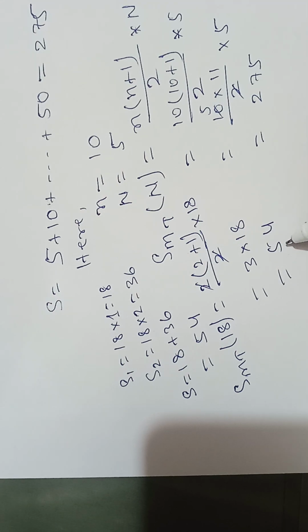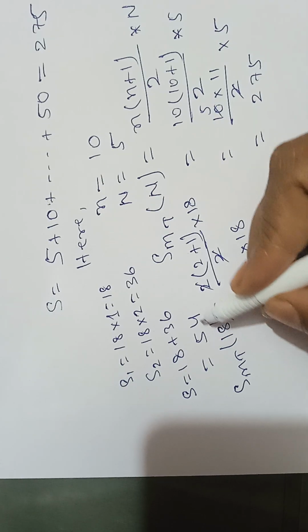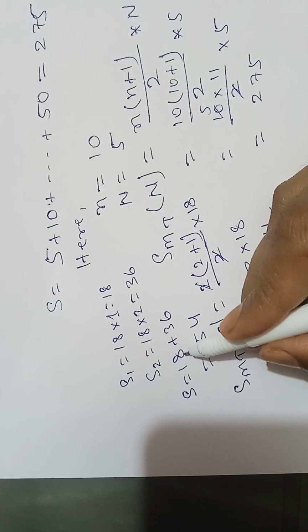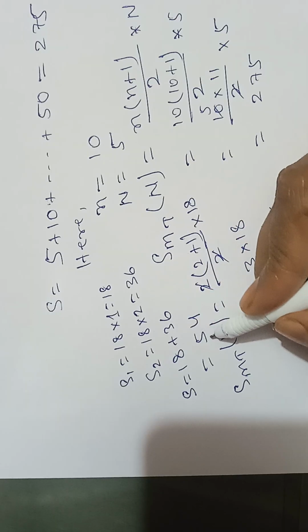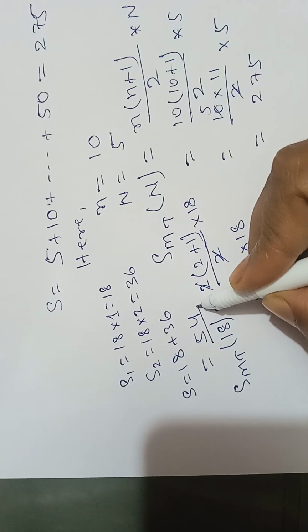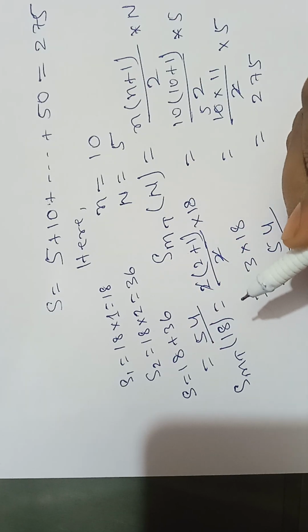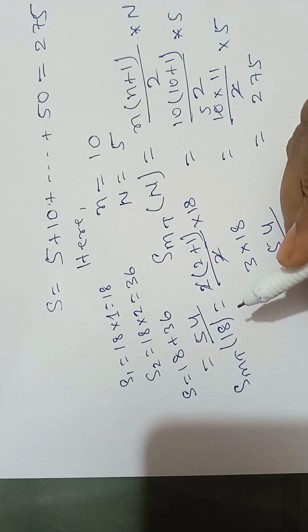So the result of this formulation is 54, and simply we can find the sum of 18 plus 36, which equals 54. Clear? So this is the formulation for finding the sum of the multiplication table of any number up to n terms.